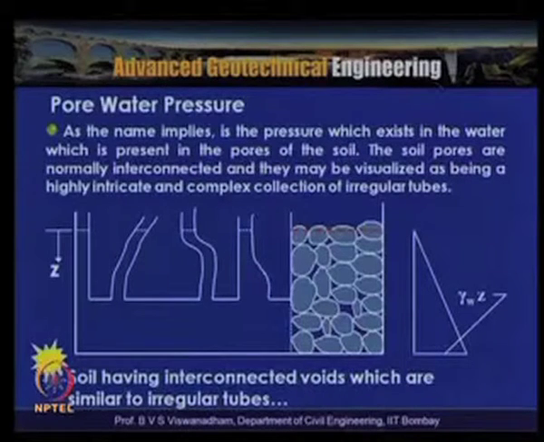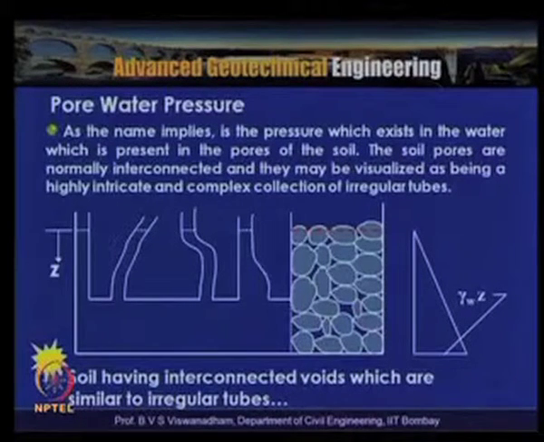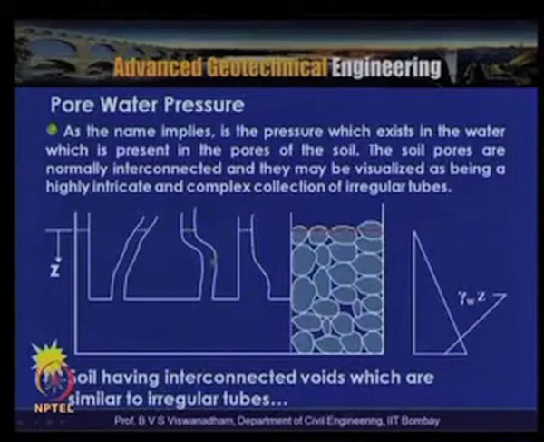The soil pores are normally interconnected and they may be visualized as a highly intricate and complex collection of irregular tubes. If I have a straight tube, the pressure is the same, and if you have an interconnected void of this shape or this shape, the pressure is nothing but the water pressure connected along the voids.